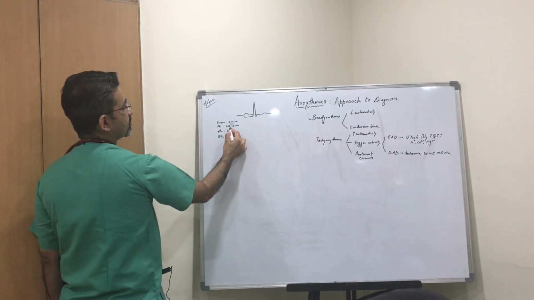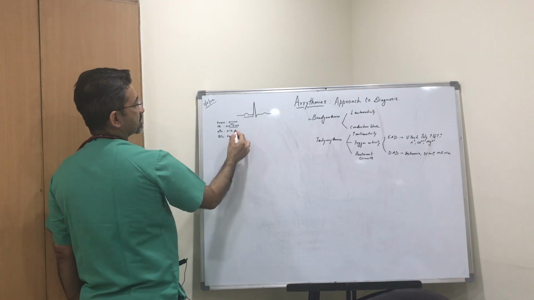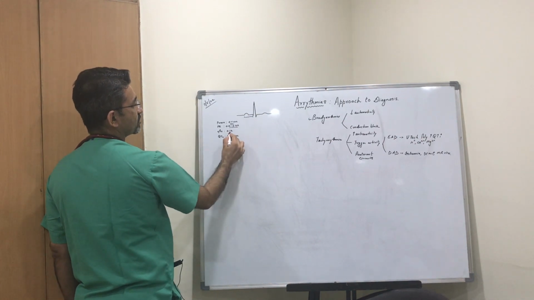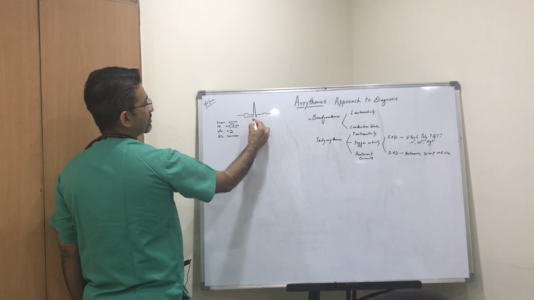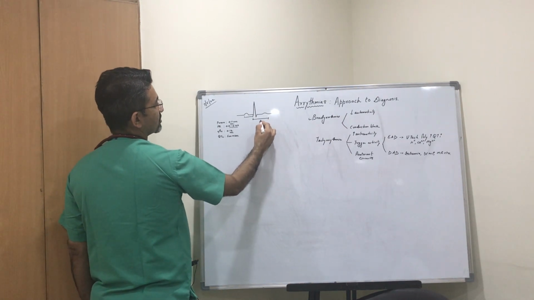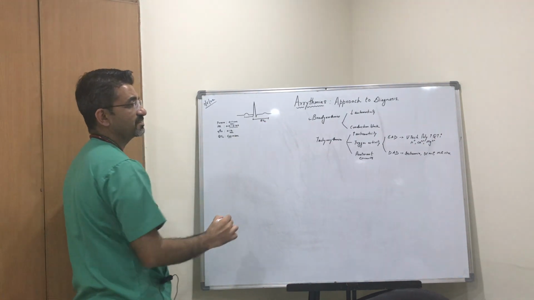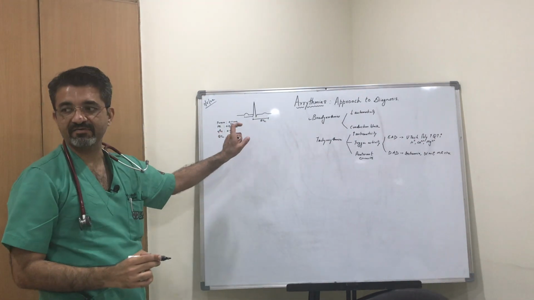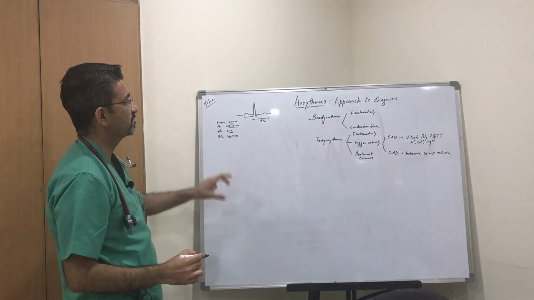So this is 0.12 to 0.20 seconds. QRS duration is 3 small squares, that is 0.12 second, and the QTc interval from the Q wave to the end of the T wave is taken as 500 milliseconds. However, it varies with heart rate. So these are the normal times you need to always remember.